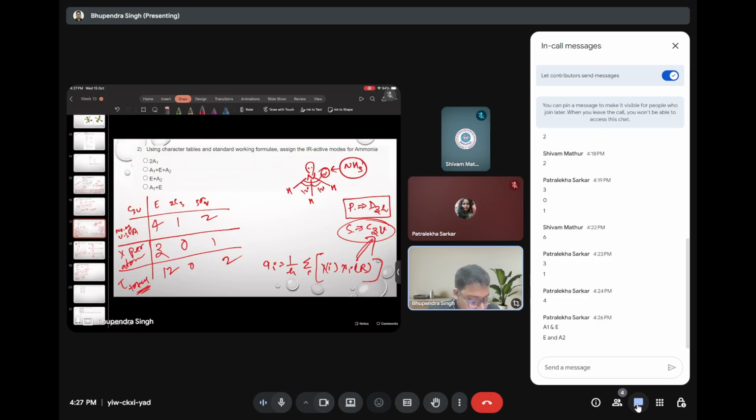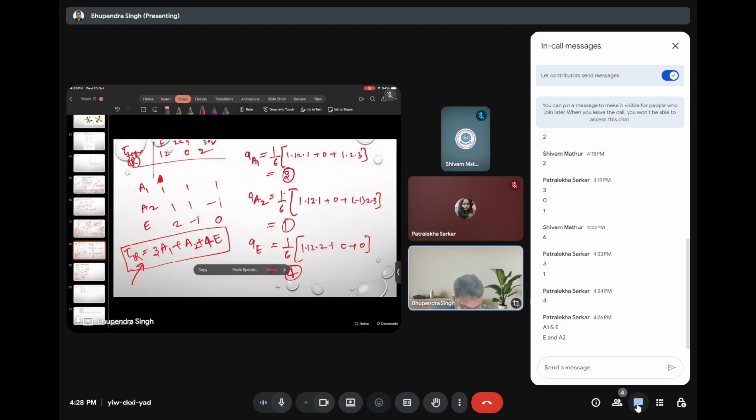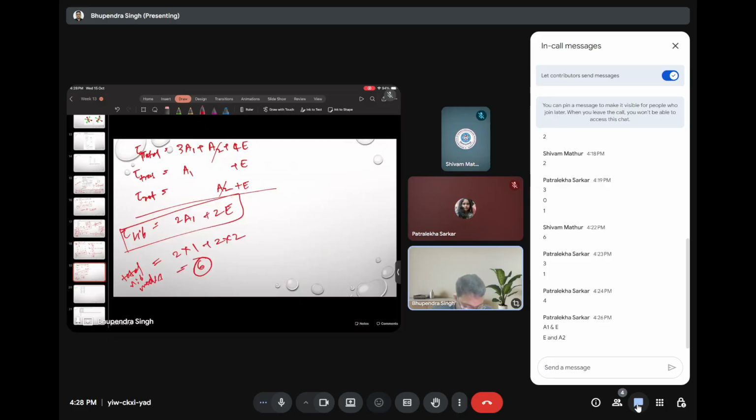Not linear. So the formula 3N minus 6 gives 6. How many atoms are there? 1, 2, 3, 4. See? 6. So we are getting 6 vibrational modes by solving.